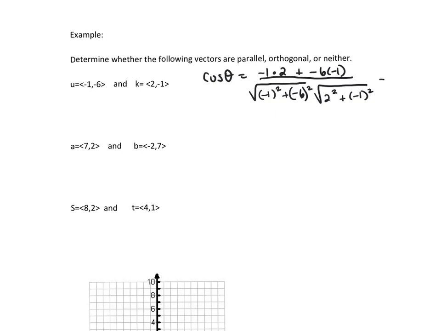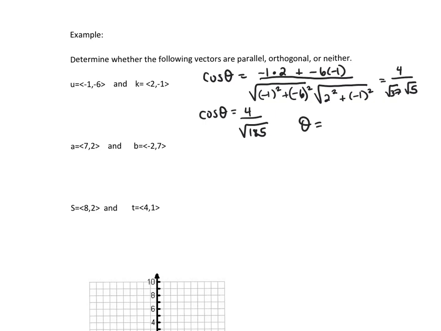So the dot product on top is going to give me 4, because it's negative 2 plus 6. And on the bottom, the first one is going to give me radical 37, and the second one is going to give me simply radical 5. So the cosine of theta is going to equal 4 over radical 185, because 37 times 5 is 185.